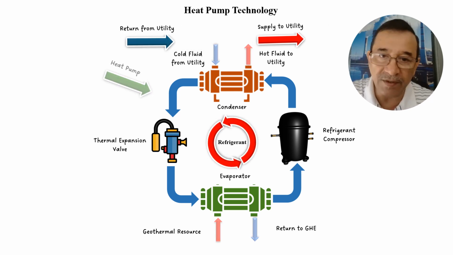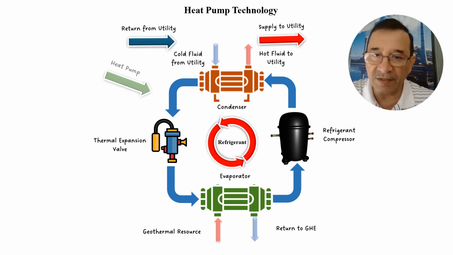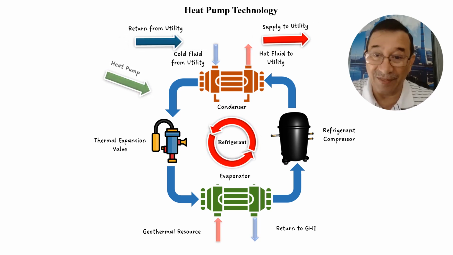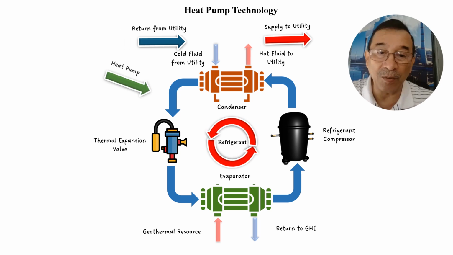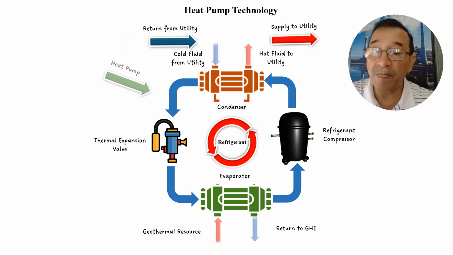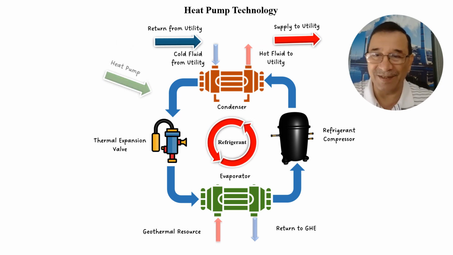So the fluid, which is already condensed in the heat exchanger, in the condenser, passes through an expansion valve to expand the fluid and reduce the pressure, and then returns back to the evaporator to compose a closed thermal cycle as well.